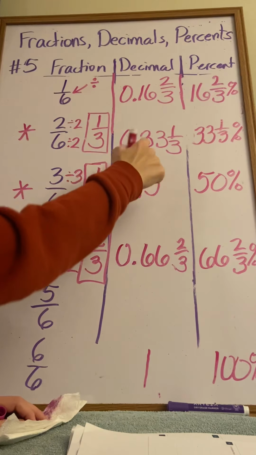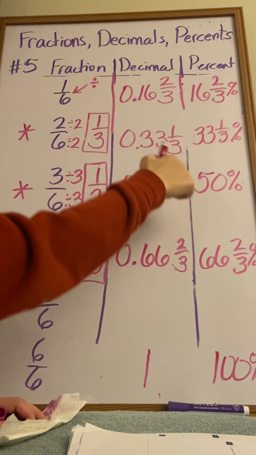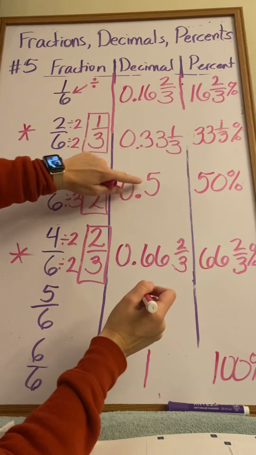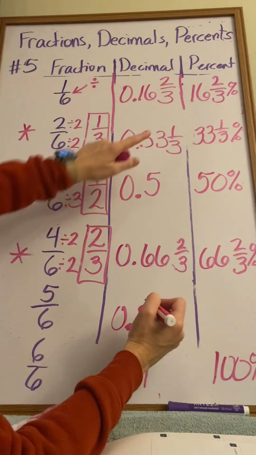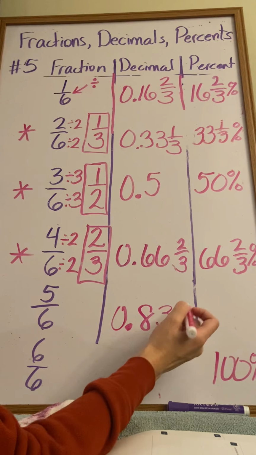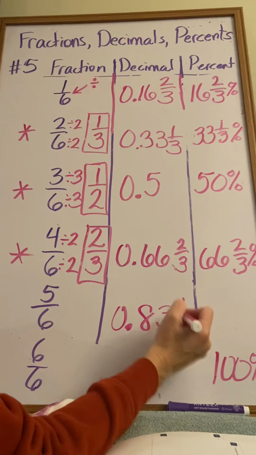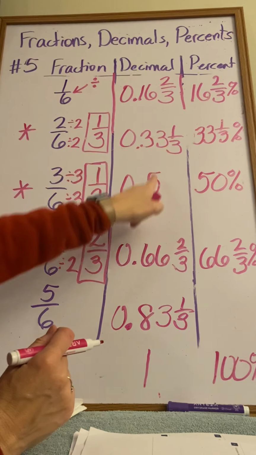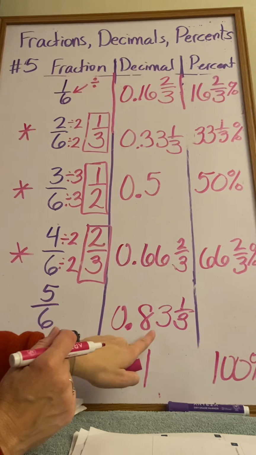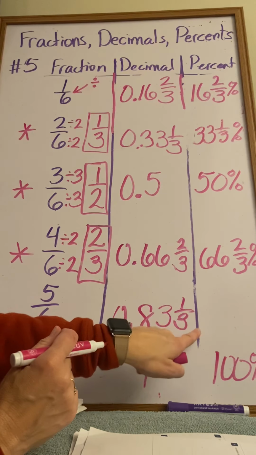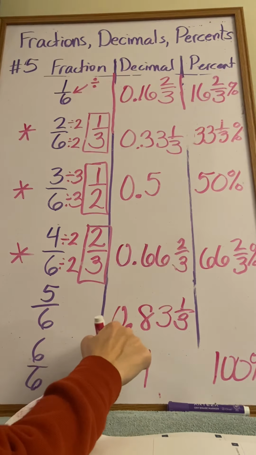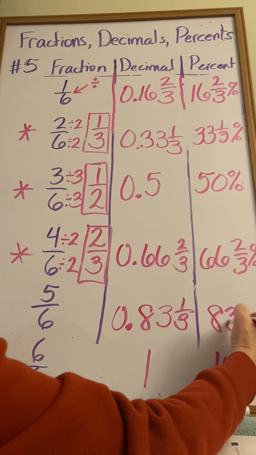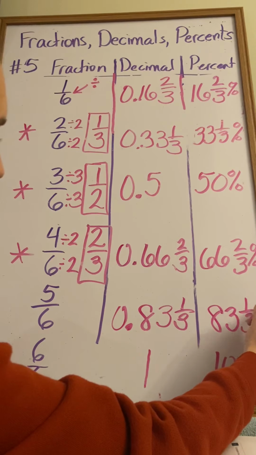Okay, so if I add these together, that's going to be 0 decimal. 3 plus 5 is 8. 3 plus nothing is 3. I know I'm adding backwards, but I'm looking at it and I'm just thinking, okay, what's in that column? What's in that column? What's in that column? That's going to be 83 and 1/3 hundredths, or 83 and 1/3%.